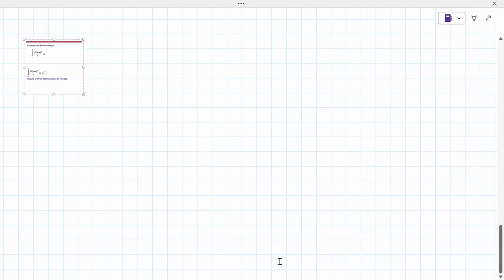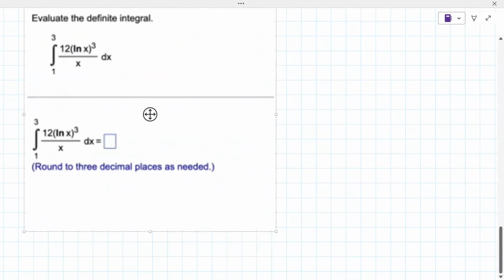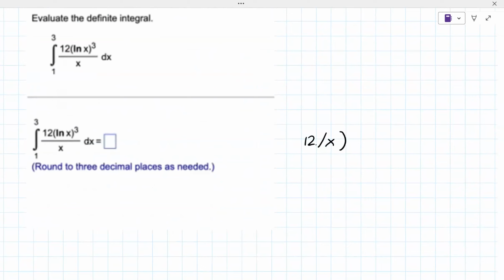Okay. This is where it gets a tiny bit harder. I think what a lot of students struggle with is entering this part into the calculator. So just be careful. I think there's an issue where you have to do 12 divided by x first, and then the natural log of x cubed inside the parentheses.